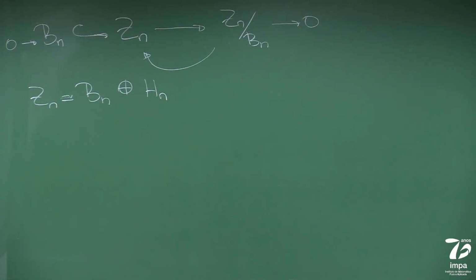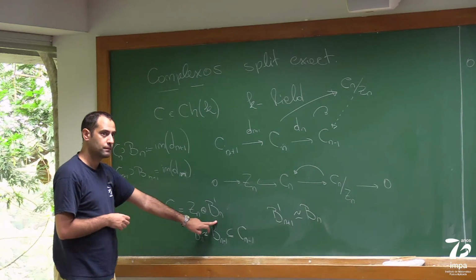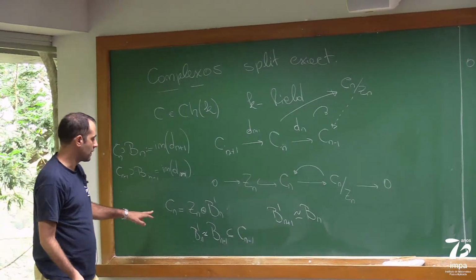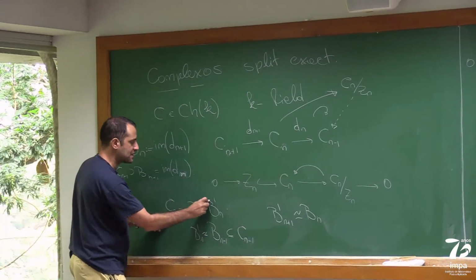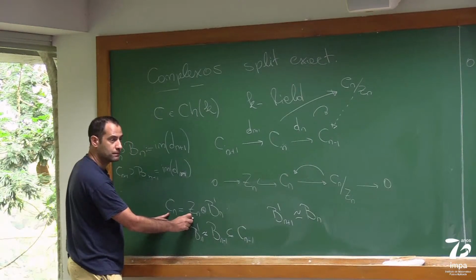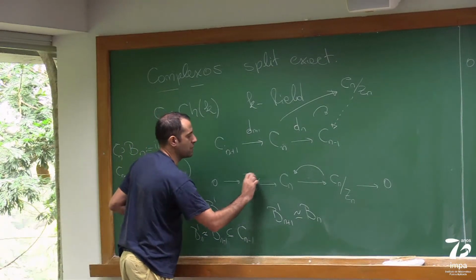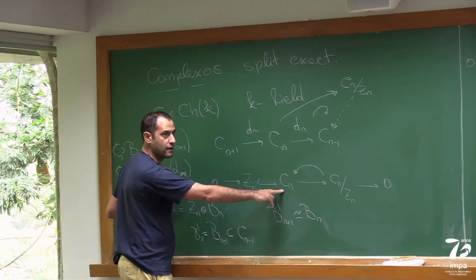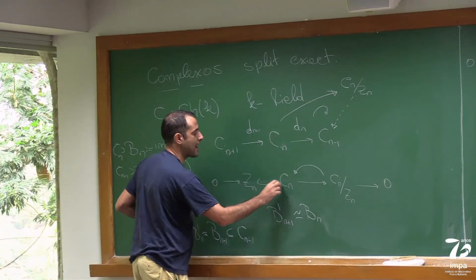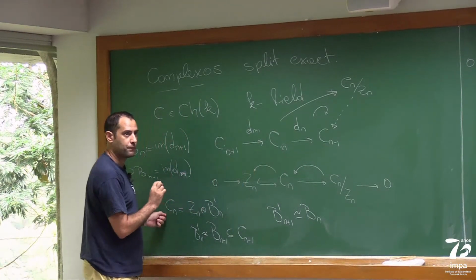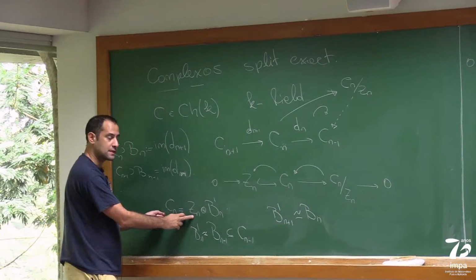Okay? So what I see is that I have this guy Cn, and I can project this guy to B prime n. So I have maps this way. I have maps to Zn, which are the projections. So we have a canonical map from Zn to Cn, but by choosing this splitting here, we've gained a map this way, which is the projection in one of the summands.